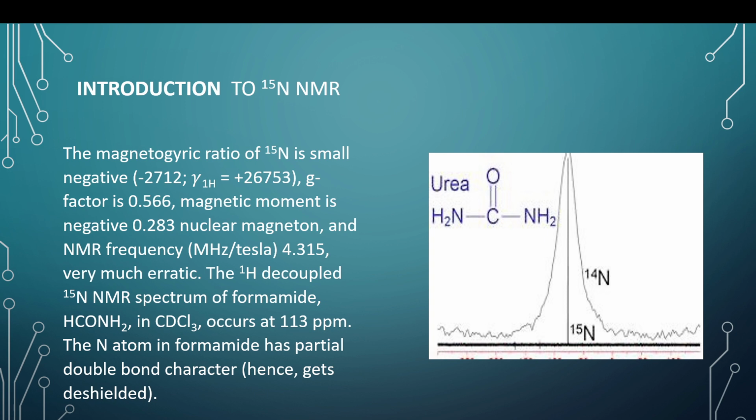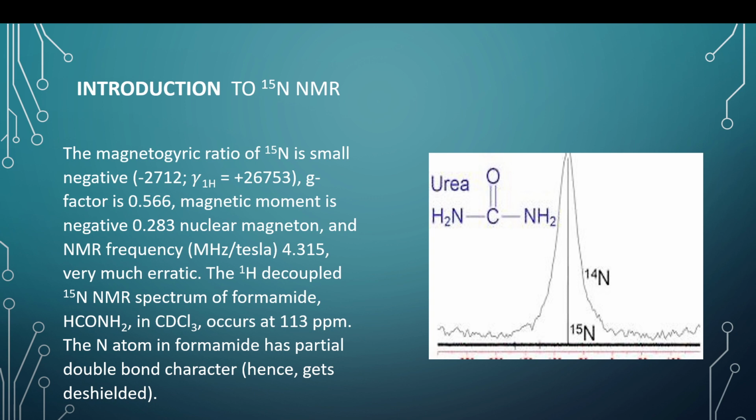G factor is 0.566. Magnetic moment is also very small and negative, 0.283 nuclear magneton, and NMR frequency is 4.315 MHz per Tesla.